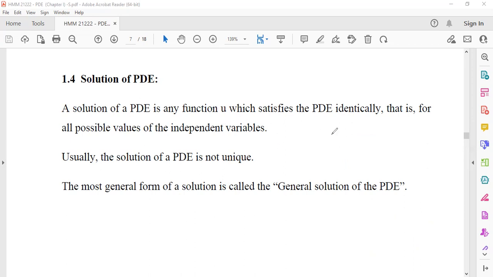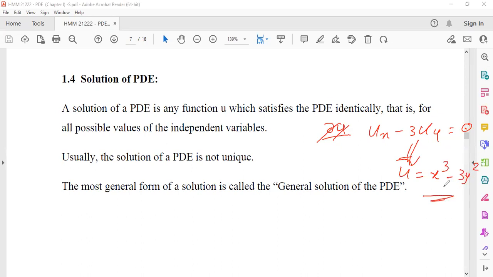For example, if you have the partial derivative of u with respect to x, I'll write ux minus 3uy or something. We have not studied how to solve it. If you solve it, let's say my answer will be x cubed minus 3x, y squared or anything. If I want to see whether it is my answer, what do you do?